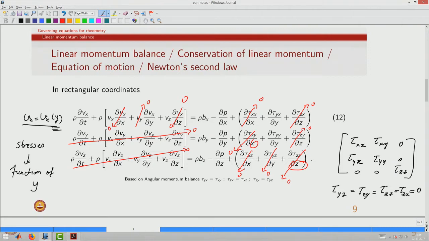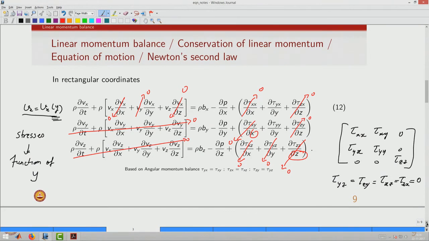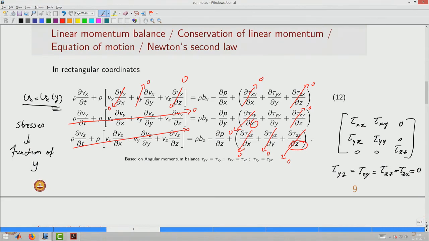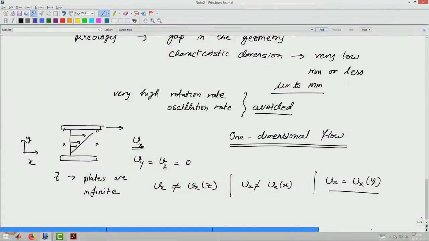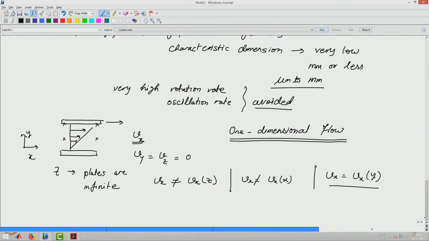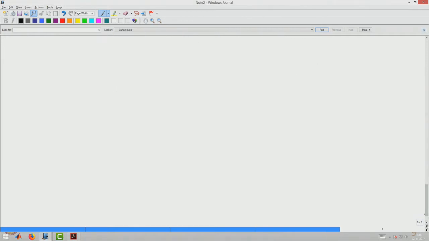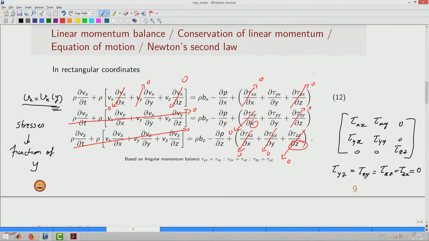And so, now if you look at the overall governing equation, we have simplified it to be as follows. Let us write it down: the governing equation for this parallel plate flow is rho del Vx by del t equal to rho b x minus the gradient in x direction of pressure plus, what we know is we do not have any information, so we only know del tau yx by del y.